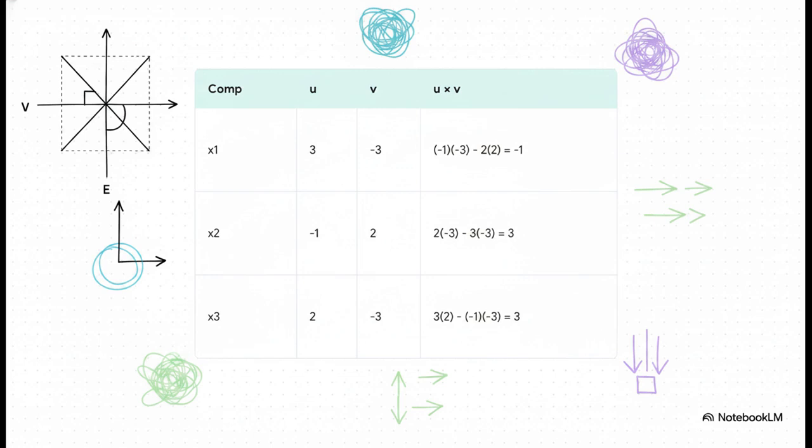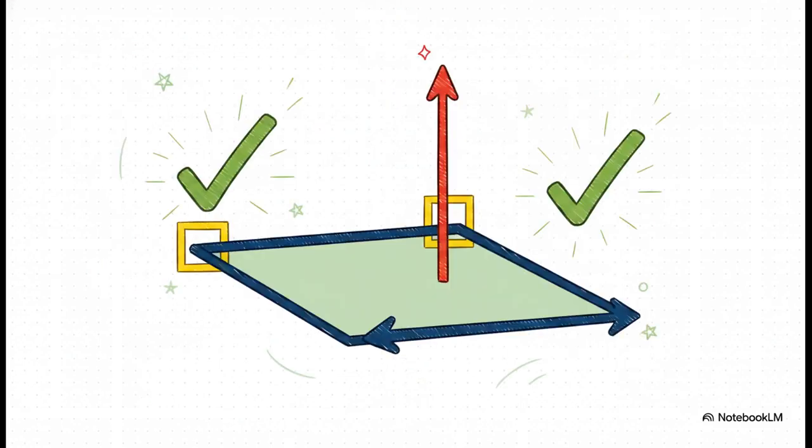So -6 minus -9 gives us a +3. And finally, for the bottom component, 3 times 2 is 6. -1 times -3 is 3. 6 minus 3 is 3. If we watch our minus signs closely, which is super important, we see our new normal vector is exactly (-1, 3, 3).